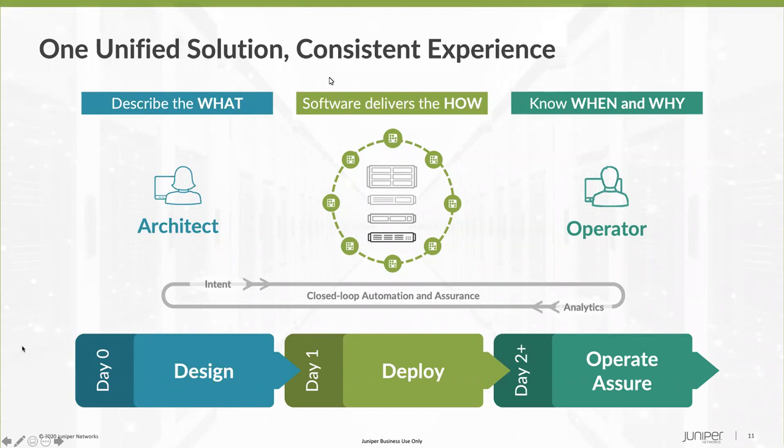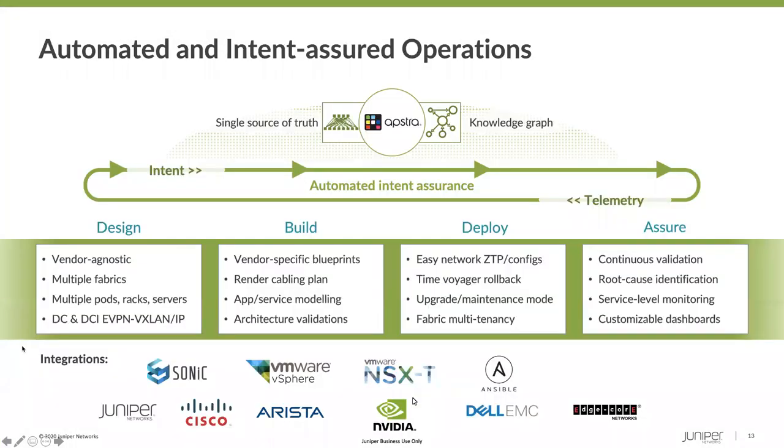So we're moving on. As described, Apstra is not only about designing, deploying, and operating. There are also other things involved, but that's the main thing. And one of the main things we will look into is that Apstra is the single source of truth.